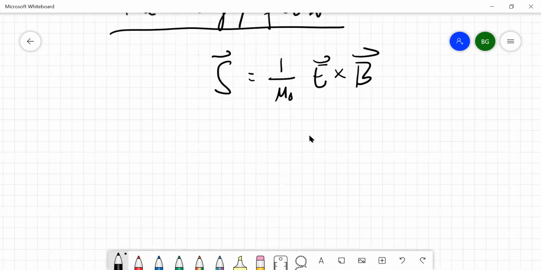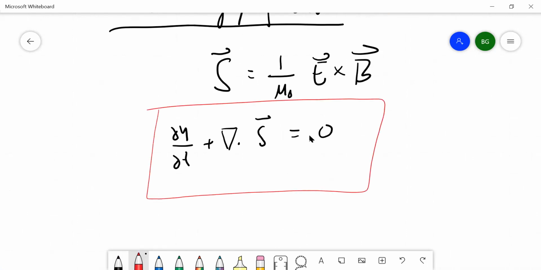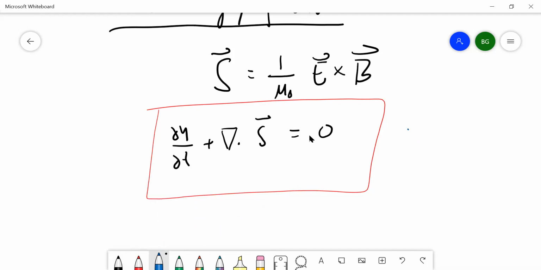This satisfies what we call the continuity equation.